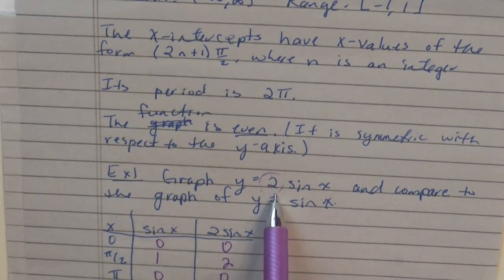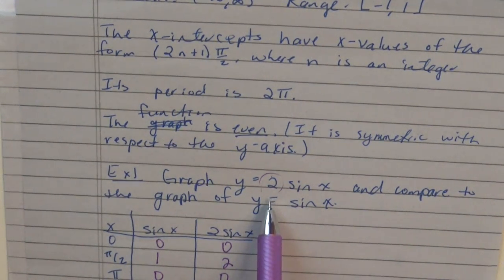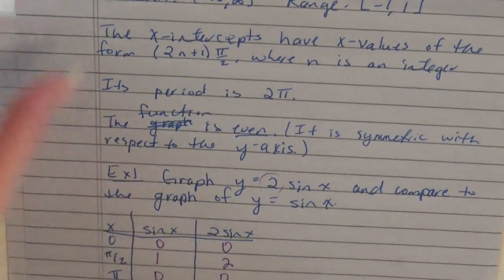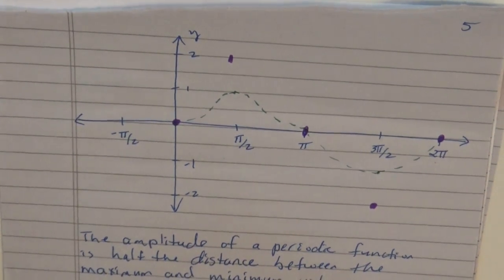You saw this with your parabolas and absolute value functions. The same rule applies with the trig functions. If you multiply the function by a number larger than 1, that gives you that vertical stretch that you saw in 171. That's exactly what's happening here.